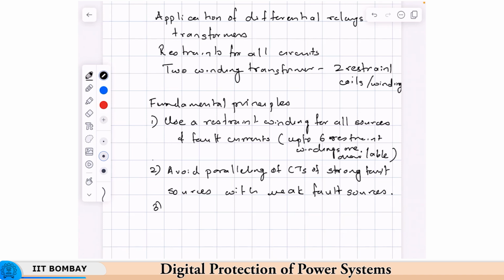Okay, and CT paralleling should be done very carefully.